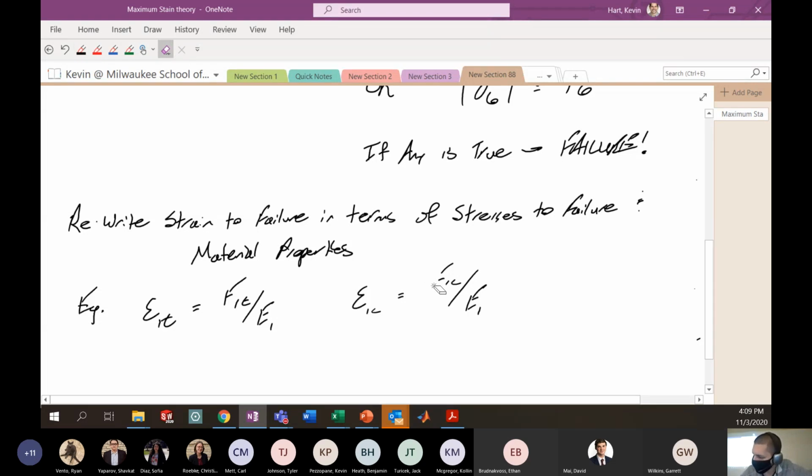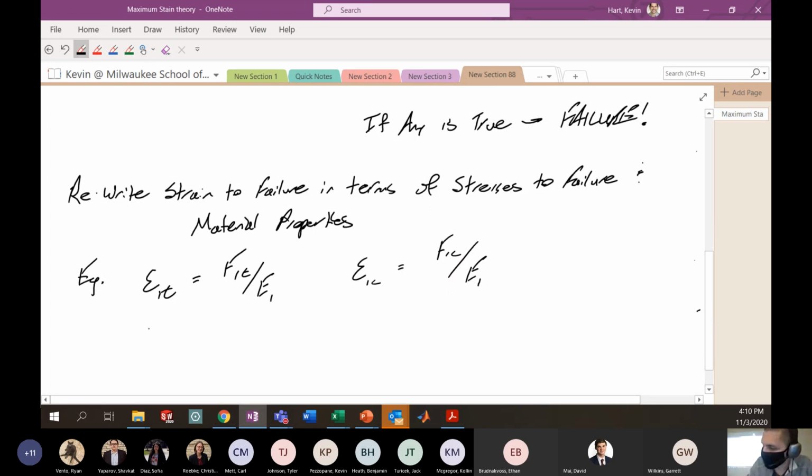Let's leave the negative sign out of here. Strain to failure in the one direction in compression is whatever that failure strength is in the one direction in compression divided by the modulus of the composite. And you could do this for all of these guys.